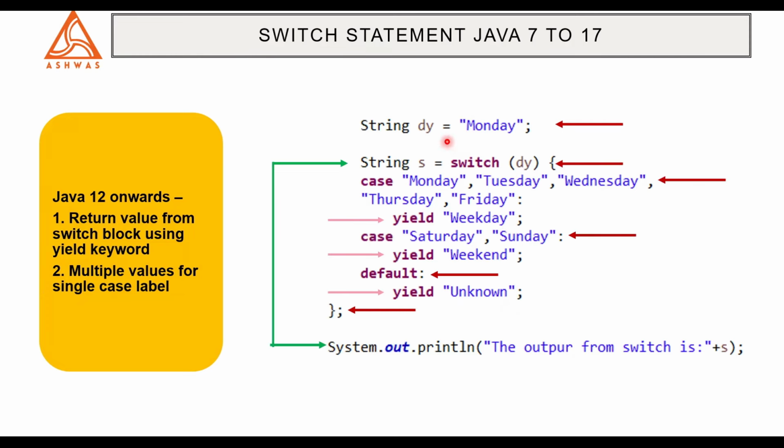And whatever value is passed from the switch expression, I print it outside. So look at this code. It's become compact. It's better now. And it is a comma separated list of values. So this is how my switch uses multiple values for a single case label. This was another addition which was made official in Java 12.